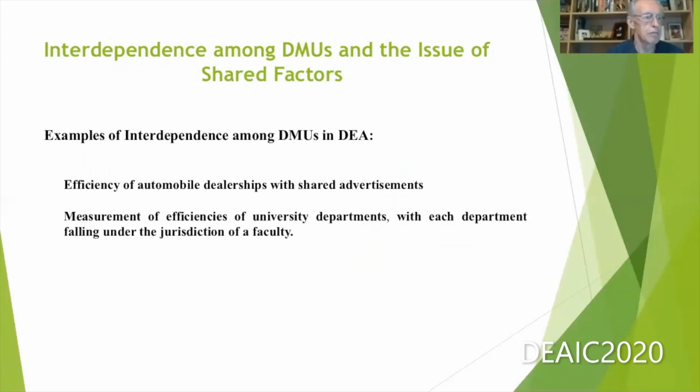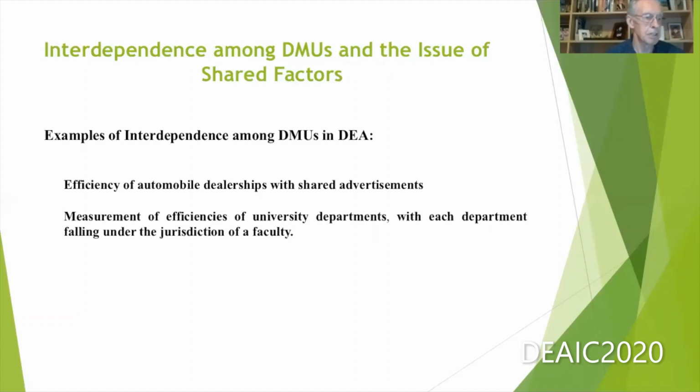Furthermore, the ads can vary from one vicinity to another. This means that the set of all dealerships can be organized into groups, whereby each dealership in a given group not only has its own dealer-specific inputs, but as well benefits from the common set of shared inputs pertinent to that group of DMUs.